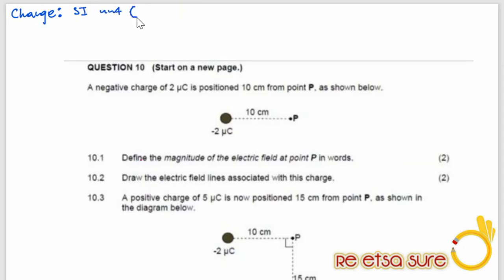The SI unit for charge is the coulomb, which is capital letter C. But sometimes our charge will be given in millicoulombs, nanocoulombs, microcoulombs and picocoulombs.